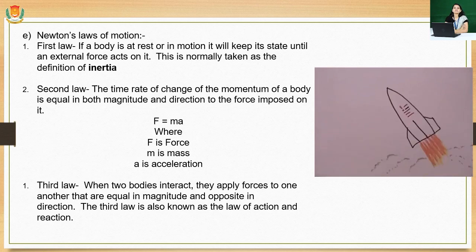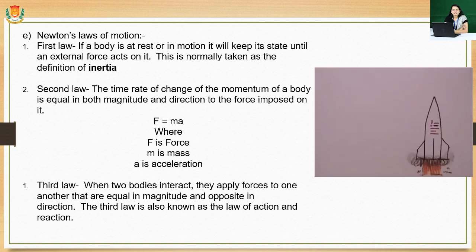Now we will be discussing the third law of Newton, which is popularly known as the law of action and reaction. When two bodies interact, they impart force on each other which is equal in magnitude but opposite in direction. This is the third law of Newton. Now another term is torque.